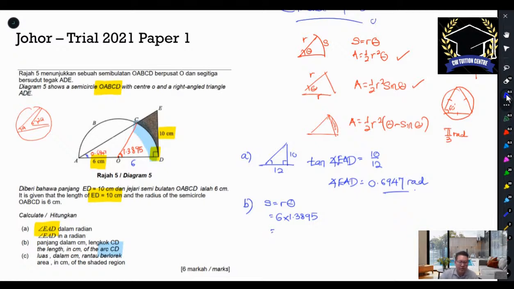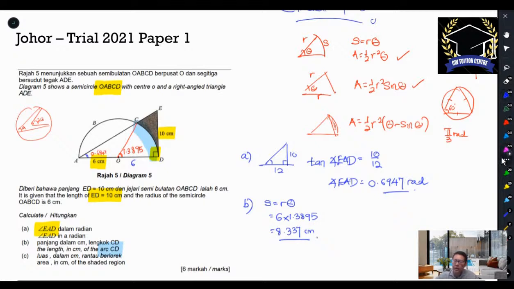Let's press calculator. 6 times 1.3895. That will be 8.337 cm. All right, 4 significant figure or 3 decimal places. All right, next, C.